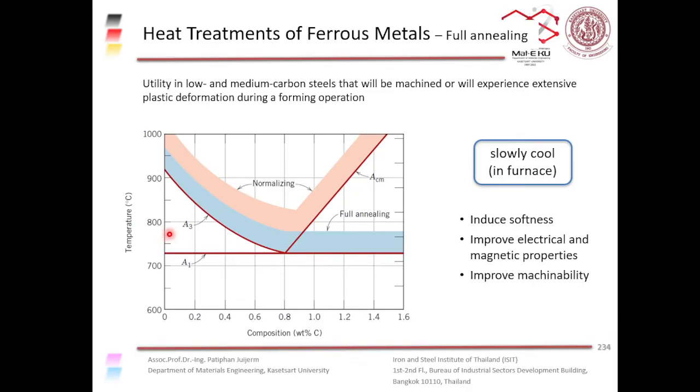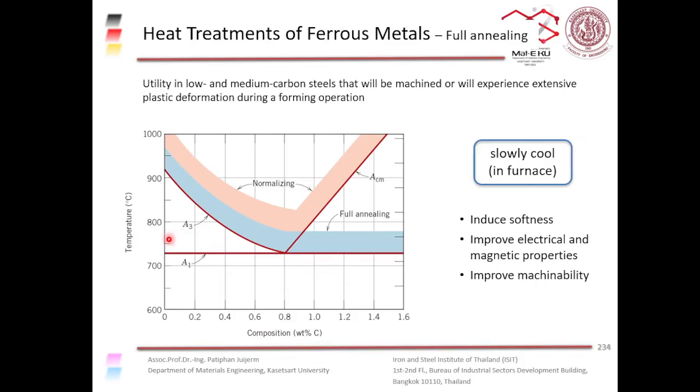So you have this A2 line somewhere around here, about 780, if memory serves me right, about 780 degrees Celsius. Above this line, it's still a BCC structure, but it turns into beta iron, which is non-magnetic. But below 780 degrees Celsius, it turns to alpha iron, which is magnetic, right?